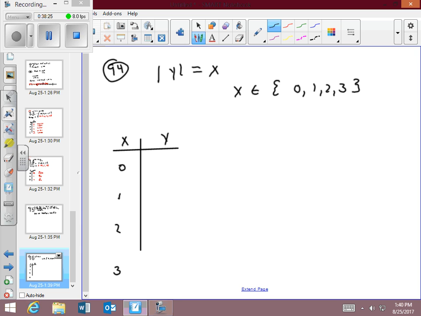Now, if x is 0, y must be what? If x is 0, y's got to be 0, right?